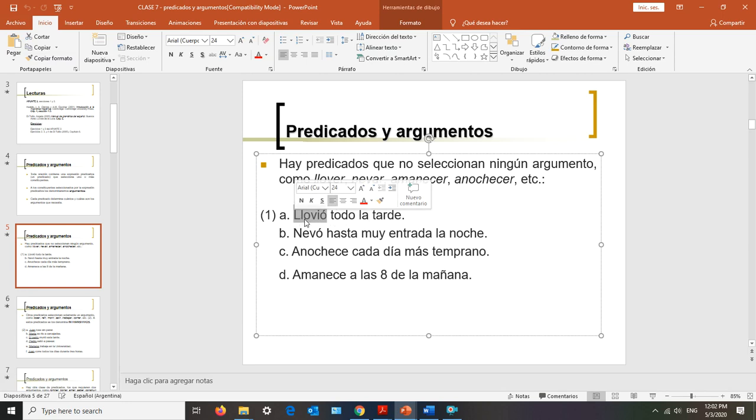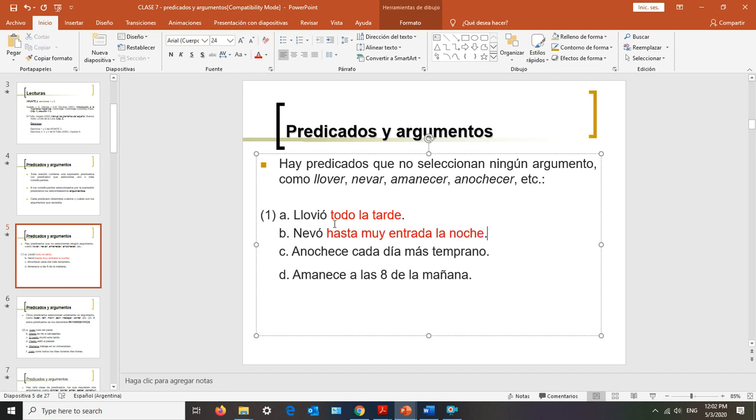Llover by itself sees its requirements met, satisfied. The thing is that we need the extra information, as in toda la noche o hasta muy entrada la noche, given the fact that we are social beings that live in a community, okay?